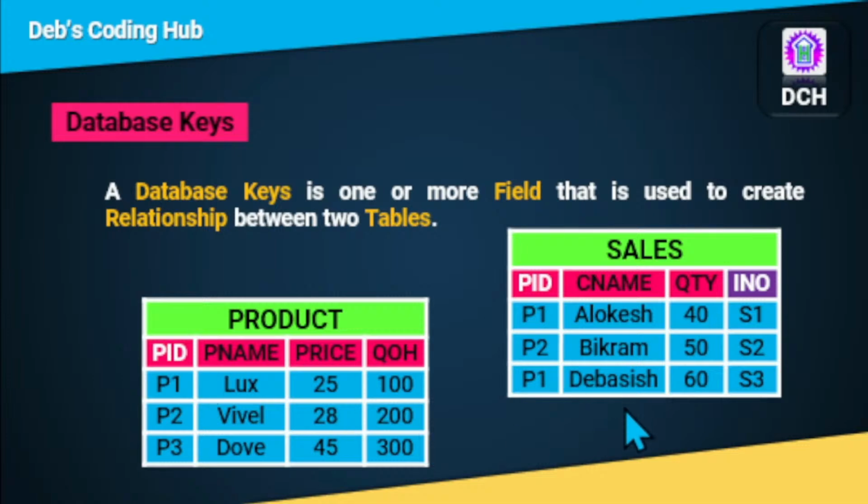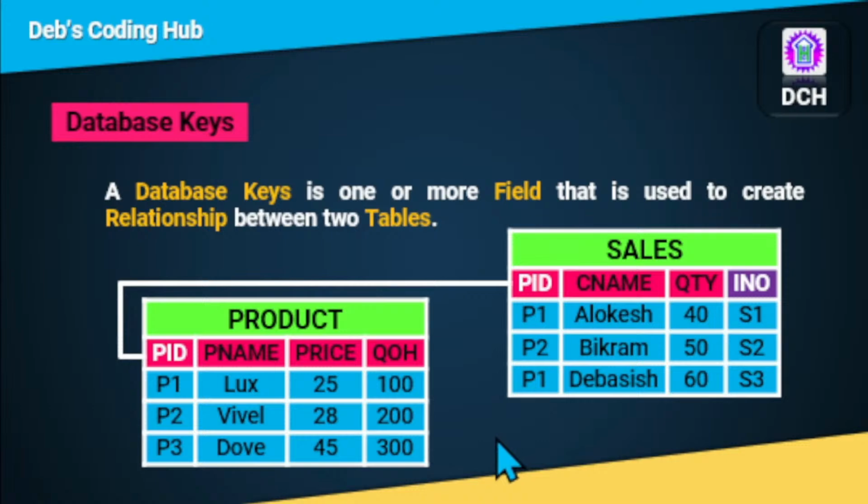It can be fetched when you make a cash memo or this invoice in printed form. I can fetch the P name and price from the product table, because we can create a relationship between these two tables since they have the same field. So here you can see I can link this product ID of product to this product ID of sales.